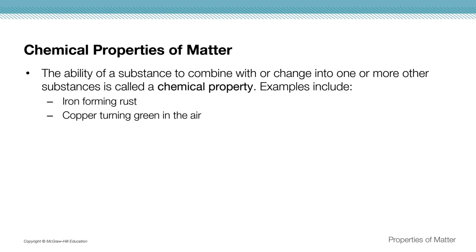So if something turns green in the air, that is a chemical property. That's a characteristic that has to do with it changing into something else. If something is toxic, that forms a chemical reaction. If something is highly flammable, because that would create a new substance. Those are all chemical properties.